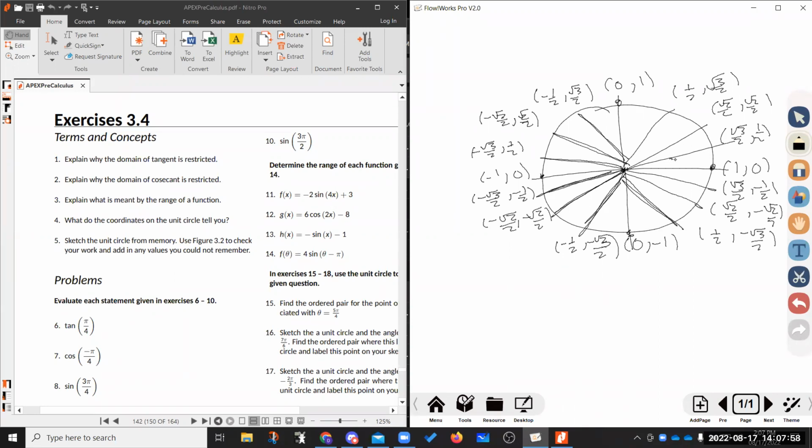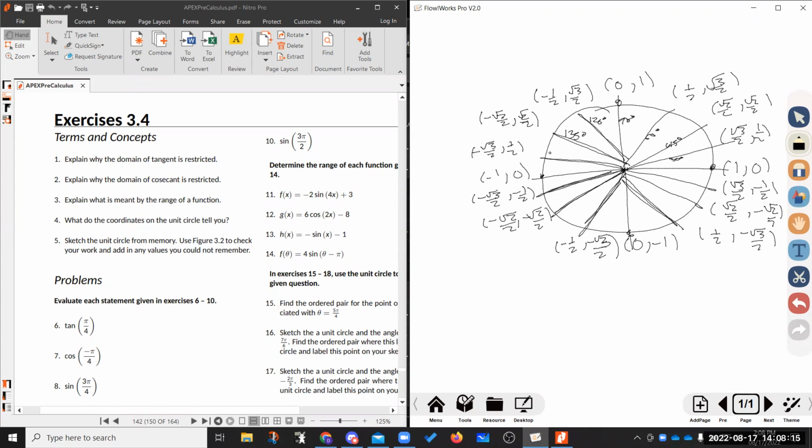This is going to be 30 degrees, 45 degrees, 60 degrees, 90 degrees. This is 120 degrees. This is 135 degrees.